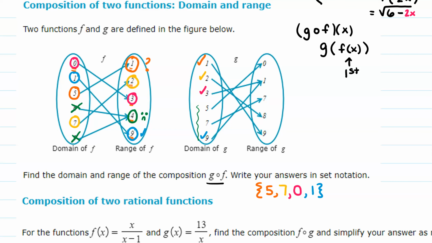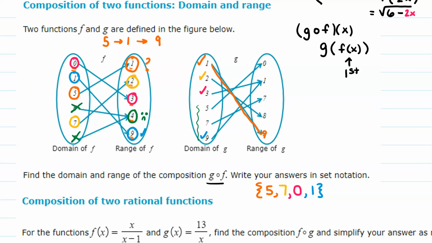And then let's just talk about the range. So we know that we can put 1, so 5 goes to 1, and 1 goes to 9.